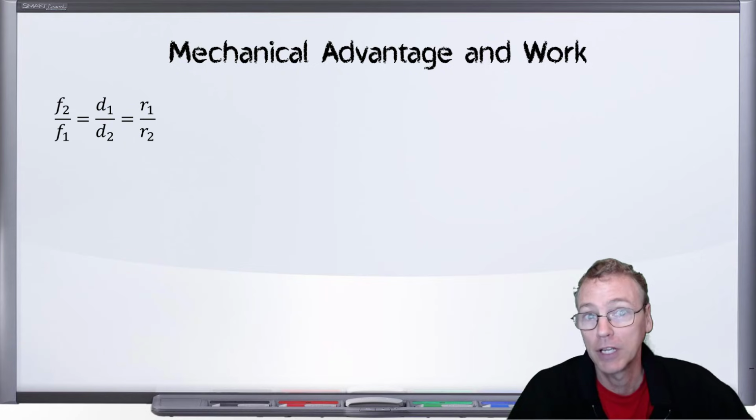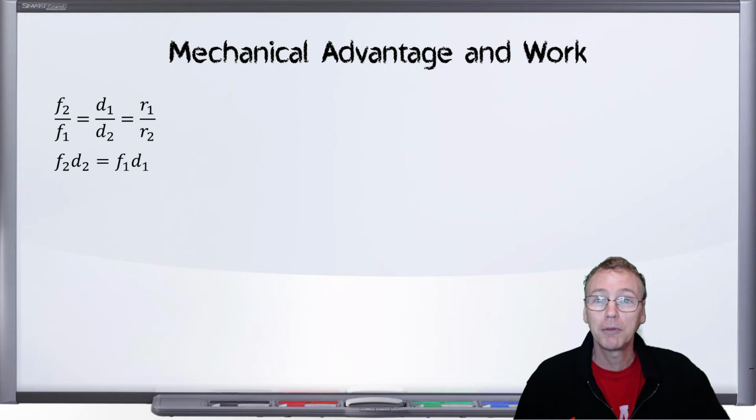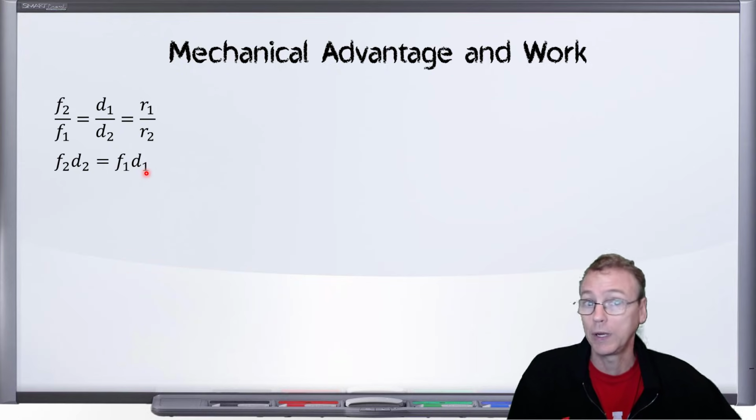We can call this simple relationship the mechanical advantage equation, and we probably want to rearrange it like this. With a simple cross multiply, we can say that the force we put in times the displacement we put in is going to be equal to the force we get out times the displacement that we get out.